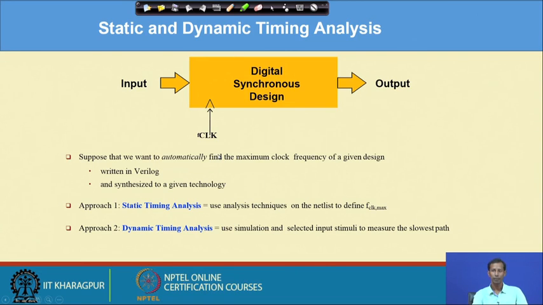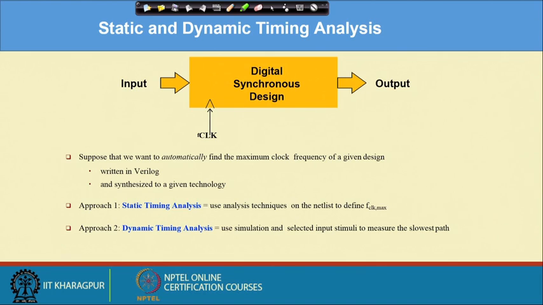So why do I need this dynamic timing analysis? Because during the testing phase, we will give some test vectors to the circuit to check whether it is working properly or not. In real time, whenever we are giving the inputs, your circuit may fail.